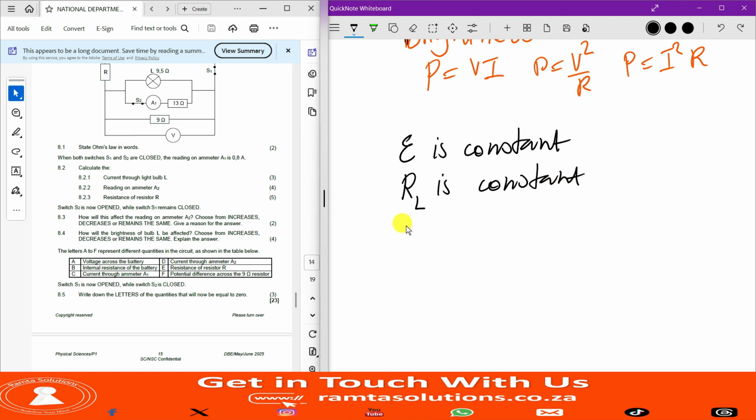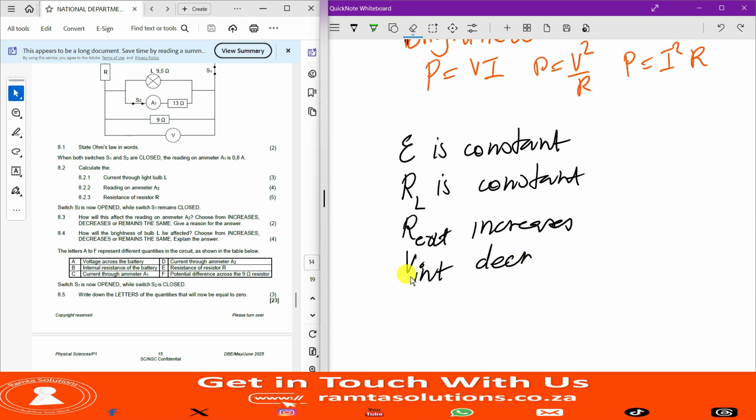Then what's going to be happening? External resistance increases. And then if external resistance increases, this means the internal potential difference decreases.